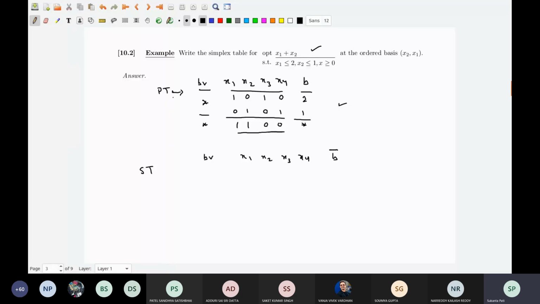B bar will be B inverse B. Right now we are doing it the fast way, so it will be automatically converted. Then I write the ordered basis in that order, x2 x1, and I write minus f over here.